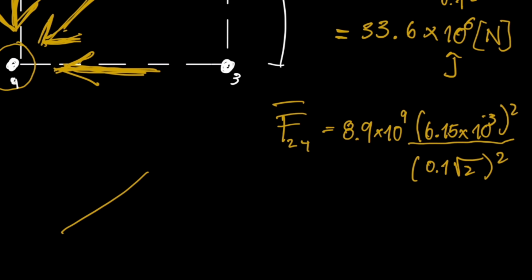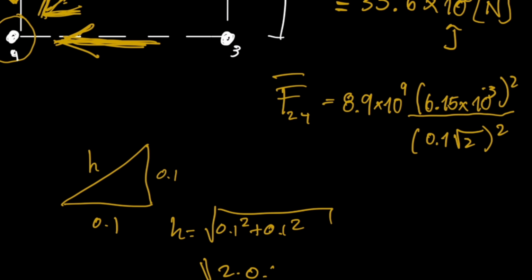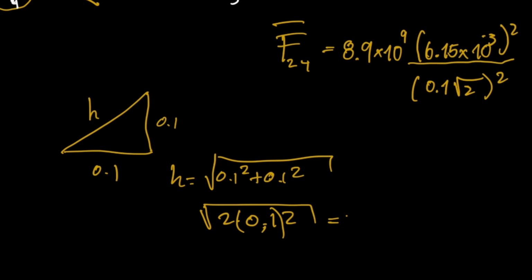We're going to draw a little triangle here real quick. This is 0.1, 0.1. So the hypotenuse is going to be equal to what? The square root of 0.1 squared plus 0.1 squared. Since they are all the same, we can just say this is 2 times 0.1 squared. That's equal to the square root of 2 times the square root of 0.1 squared, which is 0.1 times the square root of 2.